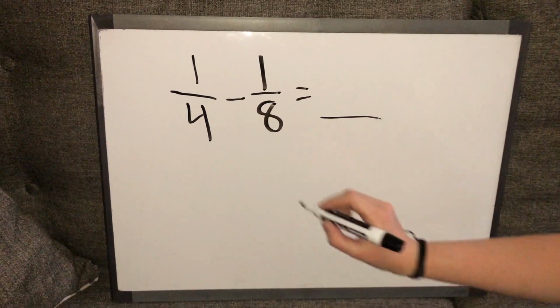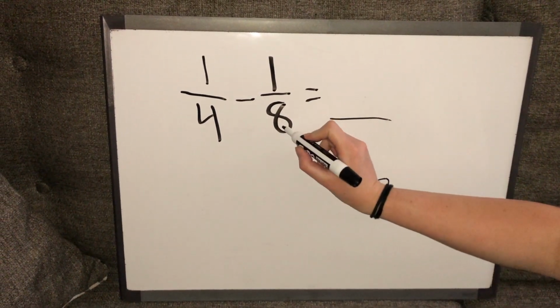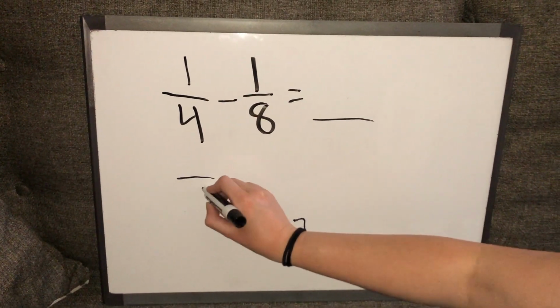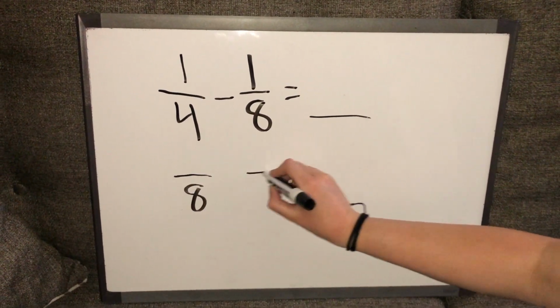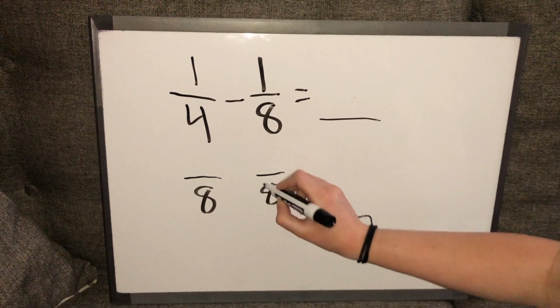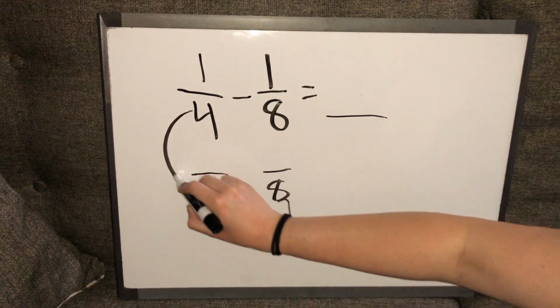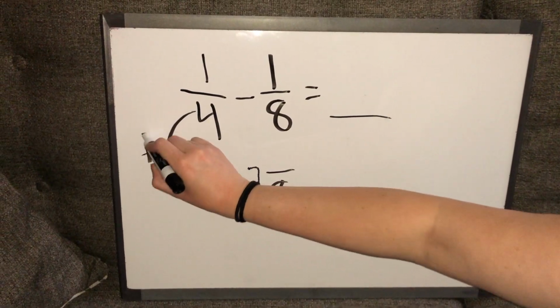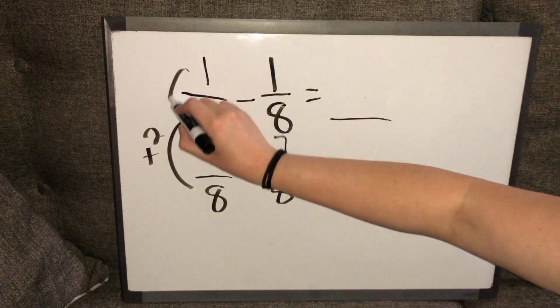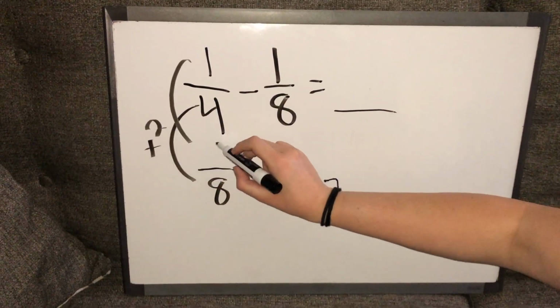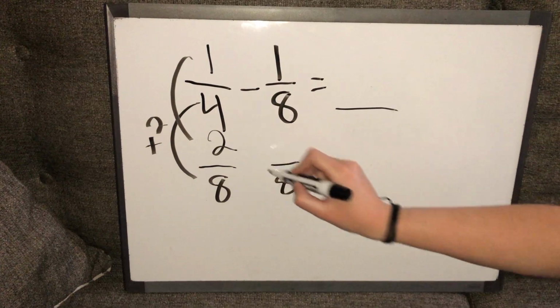To solve this problem, we need to find a common denominator between 4 and 8. The least common denominator is 8. We're going to change both of these fractions into eighths. What did we do to 4 to make it 8? We multiplied it by 2. What we do to the bottom, we must do to the top. 1 times 2 is 2.